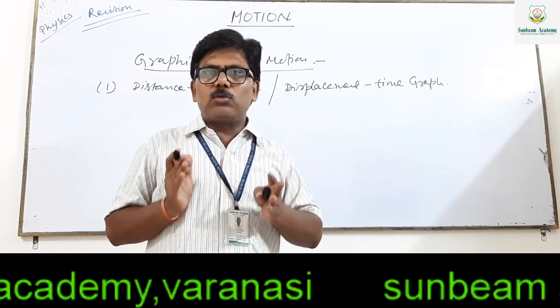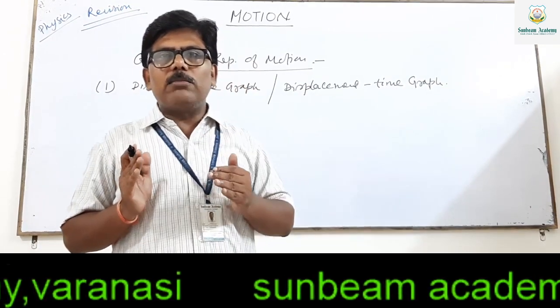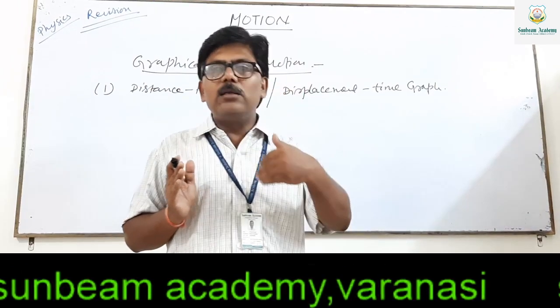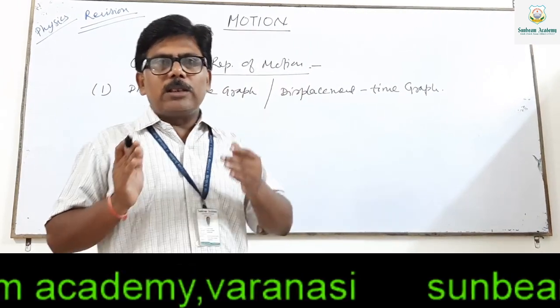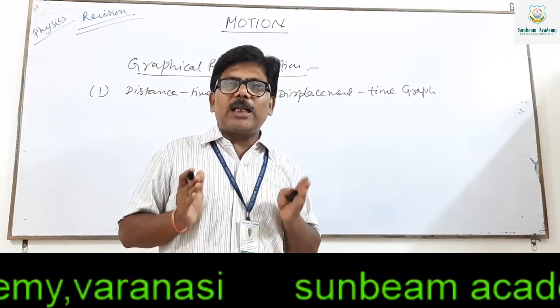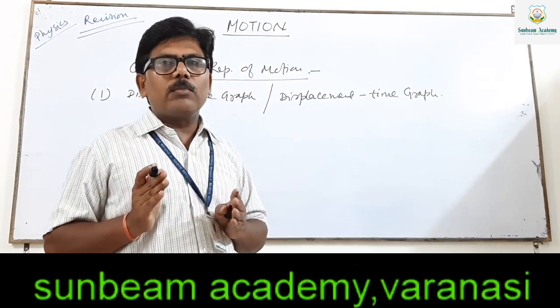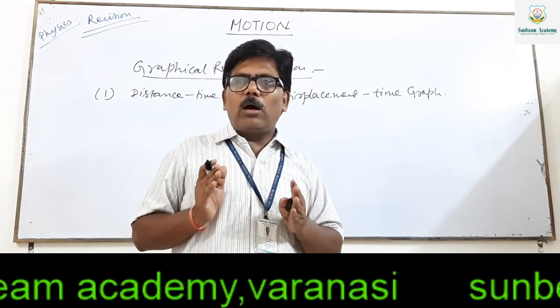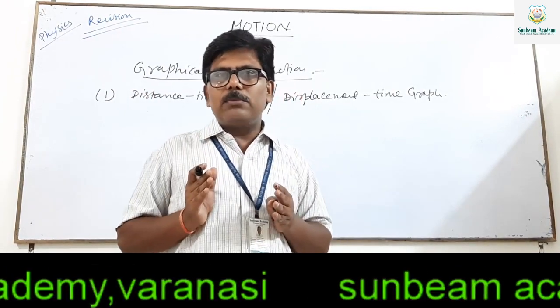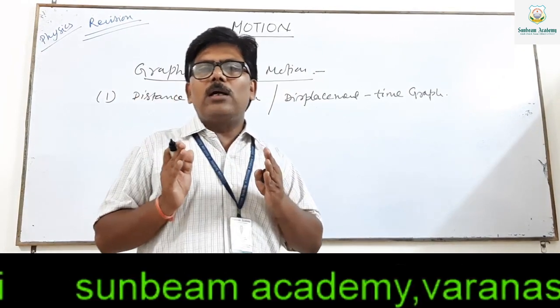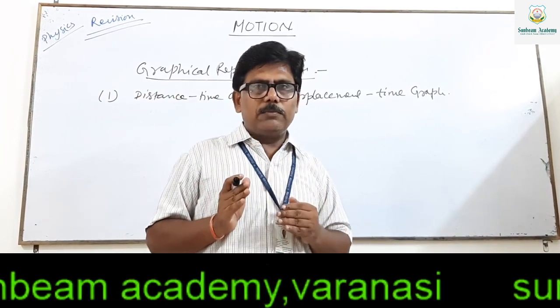The slope of the displacement time graph gives the velocity, or the slope of the distance time graph gives the speed.